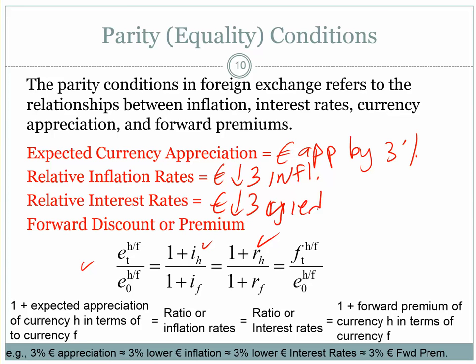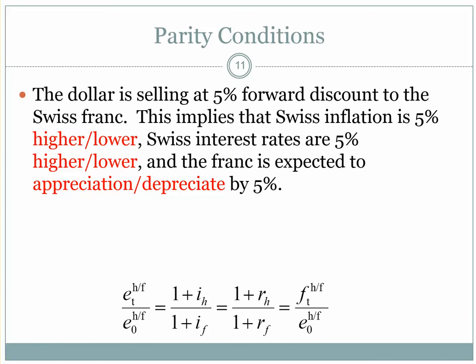And it should also say that the euro should already be at a 3% forward premium. So that's the equality conditions for currencies. There's a relationship between inflation rates, interest rates, forward premiums, and expected appreciations. So let's look at a couple problems. Actually, this is not a problem. It's just helping you think about those relationships.